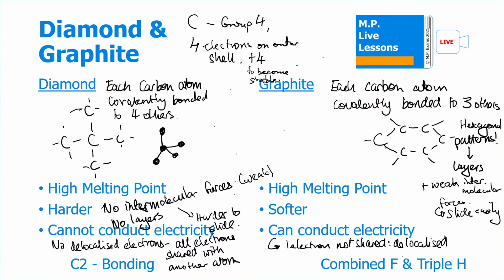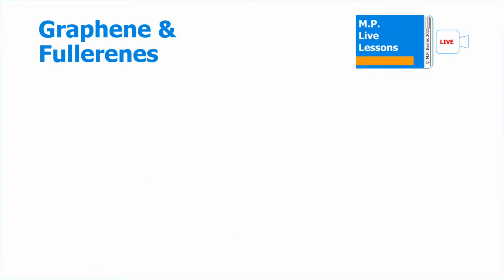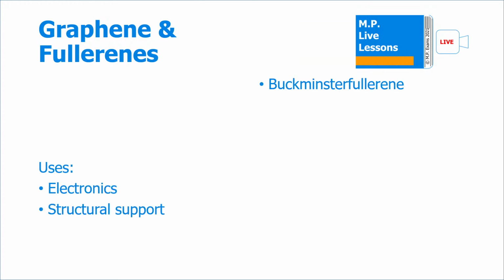Even still, for combined and triple science, you'll need to know about graphene and fullerenes. Now, these are also giant carbon structures. Now we've got a few, and they have uses such as for electronics and structural support. And one of them is Buckminster fullerene.